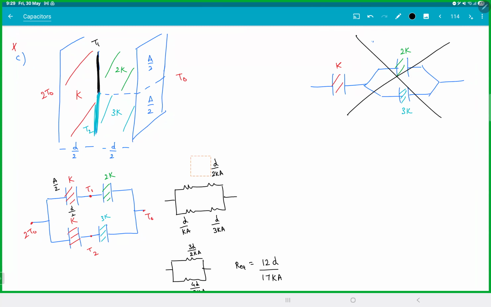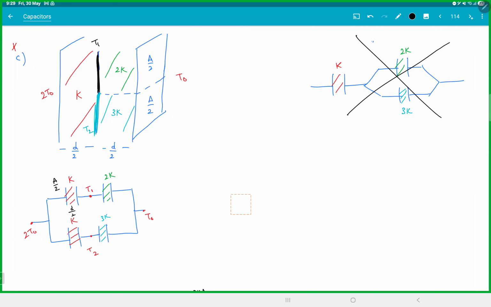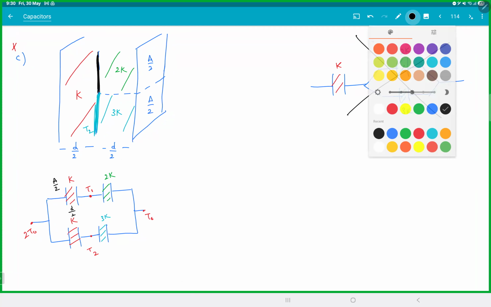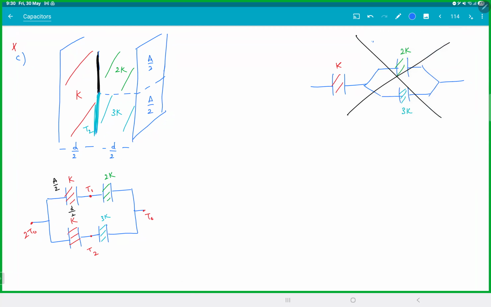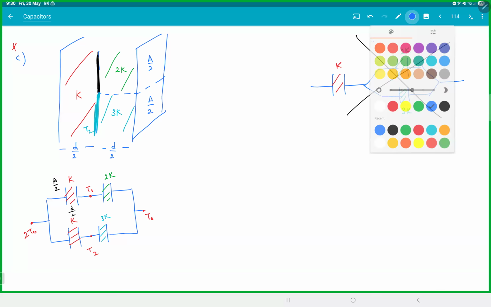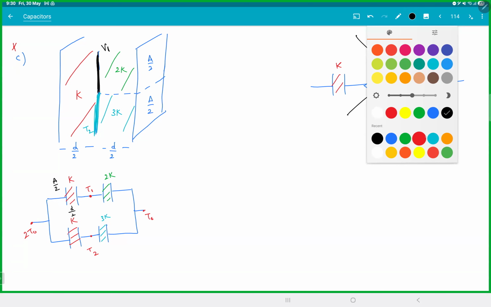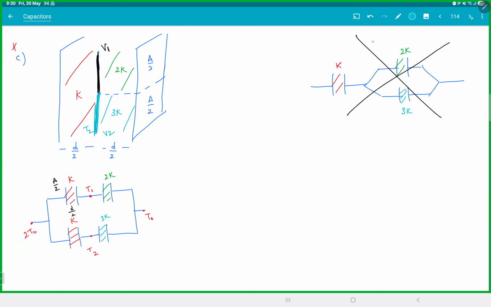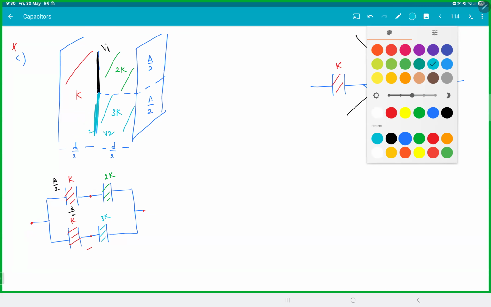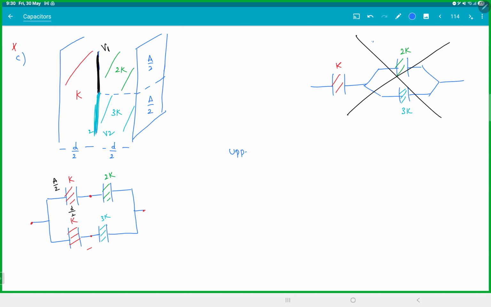This is how the system looks. So here this point will be some potential V1, and this will be potential V2. The upper half and the lower half do not have the same potential.